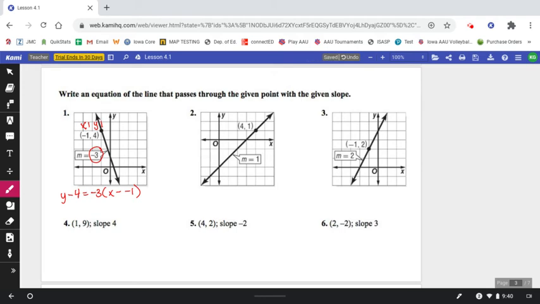Then notice that x minus negative becomes plus a positive. Then my notes say to distribute. y minus 4 equals -3x minus 3. Then add or subtract to get y by itself, because I want it in slope-intercept form. So y equals -3x plus 1.